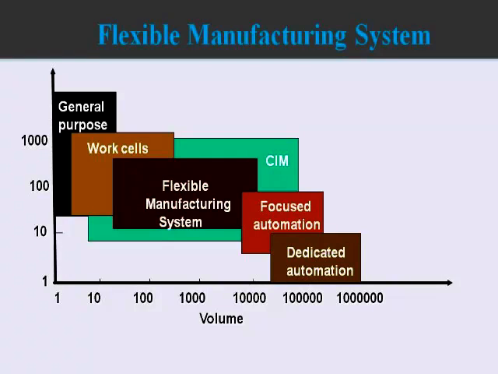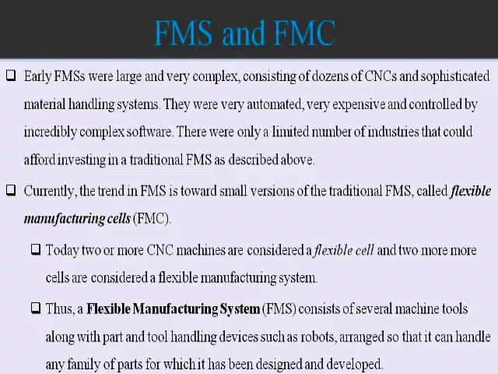Now, coming to the definition, let us see the developments and the definitions of an FMS. Early FMS were large and very complex, consisting of dozens of CNCs and sophisticated material handling systems. They were very automated, very expensive, and controlled by incredibly complex software. Only a limited number of industries could afford investing in a traditional FMS as described above.